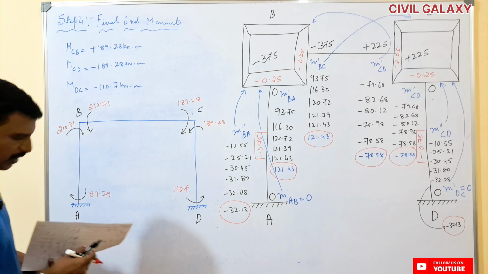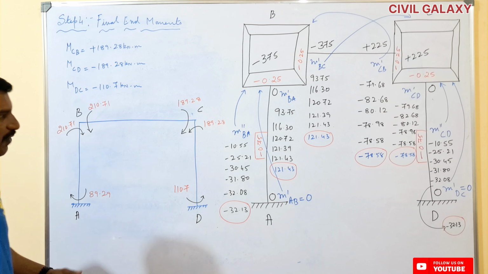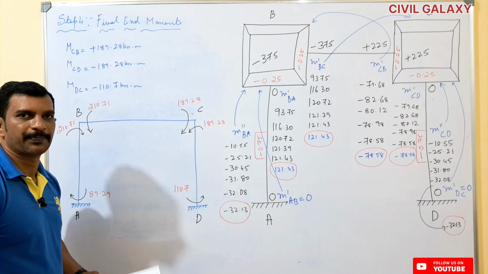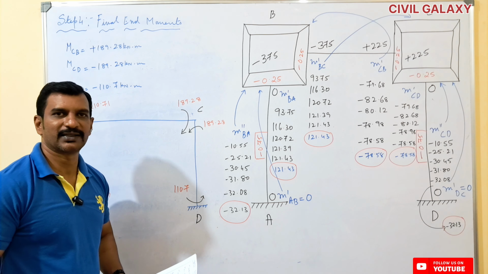So this is how we analyze a frame which is subjected to lateral sway with the help of Kani's method. Similarly, we shall see a few more problems related to Kani's method in the coming classes. Thank you.